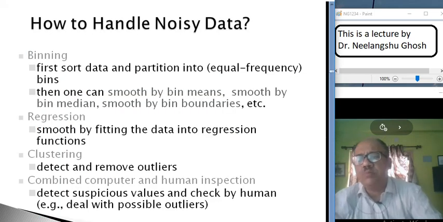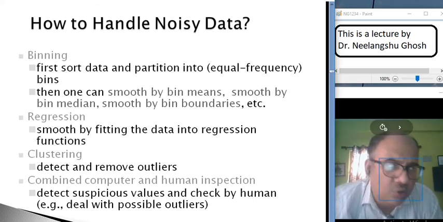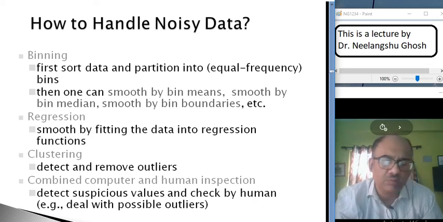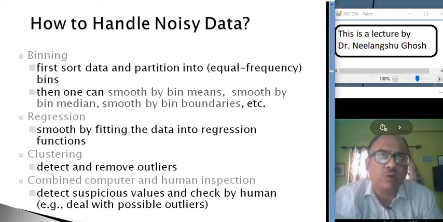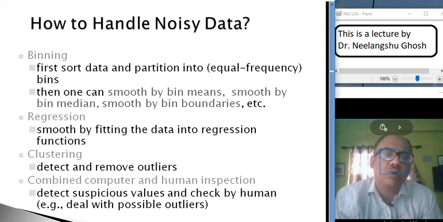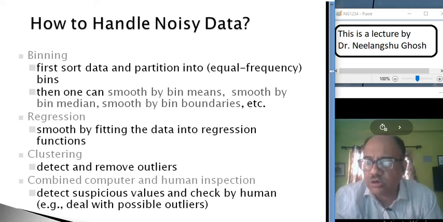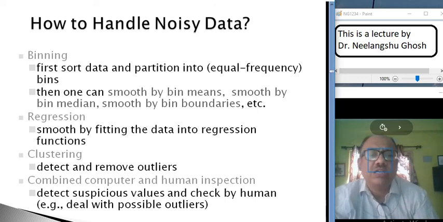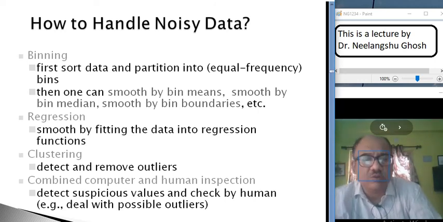And combined computer and human inspection means rechecking through a human way, going back to where the data has been sourced. So recheck the source and use computer programs or computer methodologies so that the noisy data can be removed, or cleaned in such a way that the data set can be used.